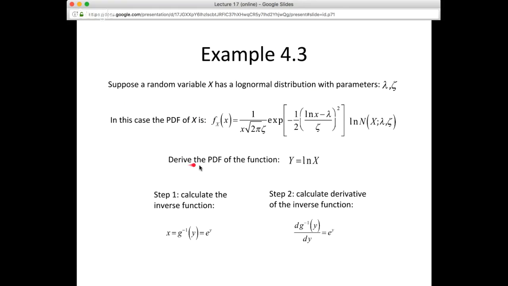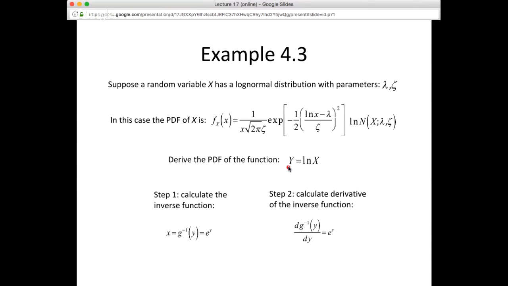We are then asked to derive a new PDF of the function y equals natural log x, given that the random variable x follows this log normal distribution. So we know what the PDF for the random variable x is. We know the functional relationship between the random variable y and the random variable x. What we're asked to do is, from that information, derive the PDF for y.